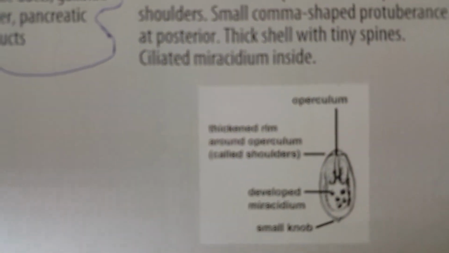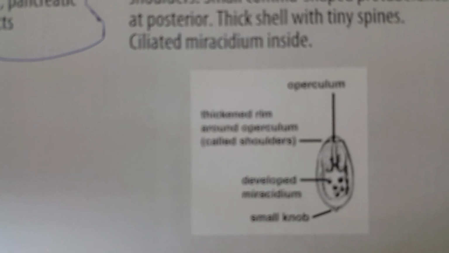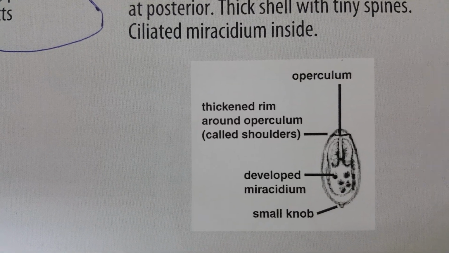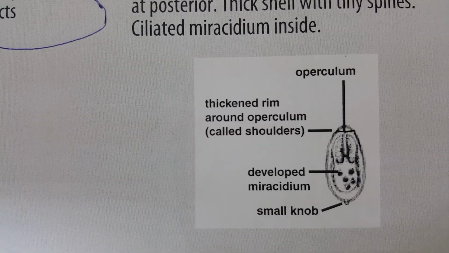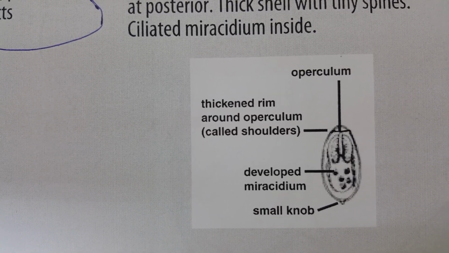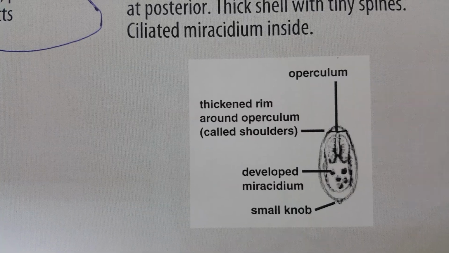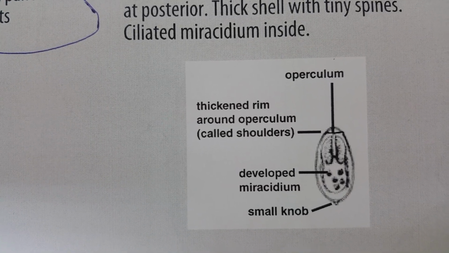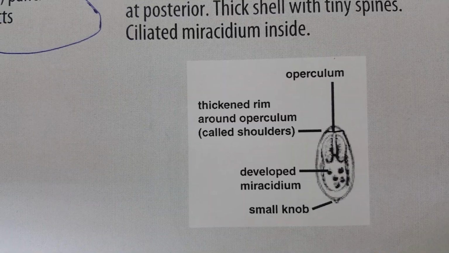The eggs have an operculum on the head, a small knob, the developing stage of the miracidium, and a thick rim around the operculum called the shoulder.